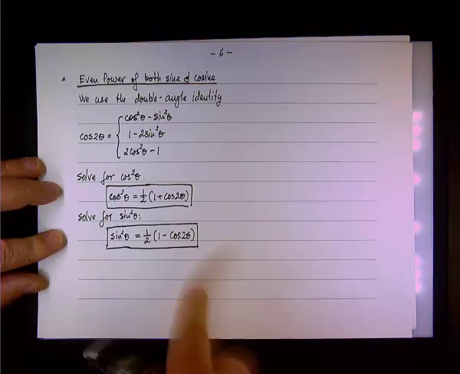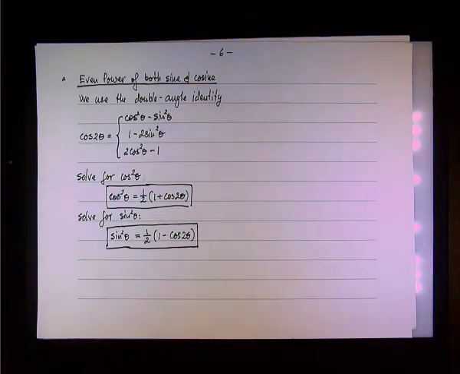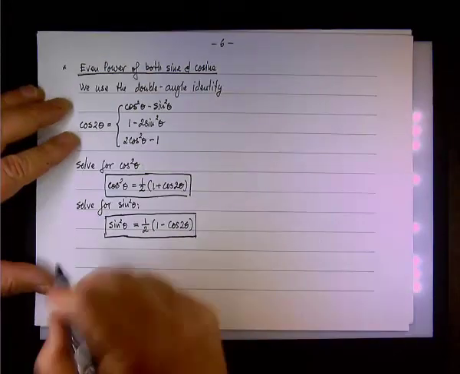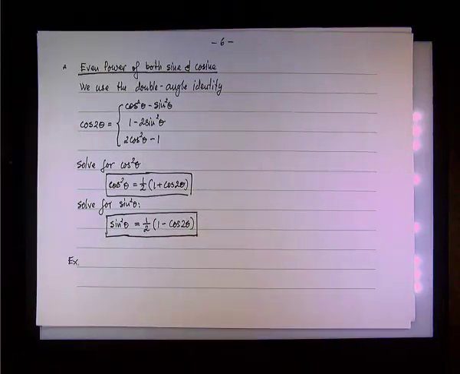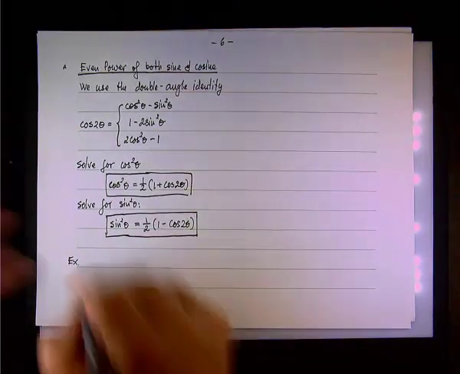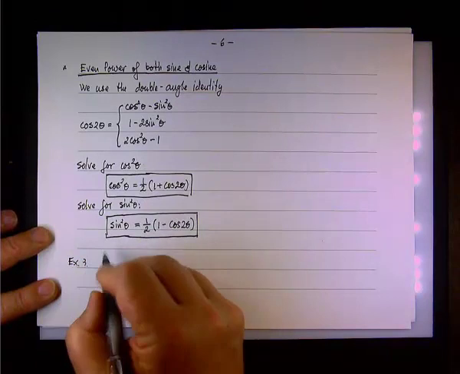What does it tell you? It tells you that you need to work with the differential sine theta d theta, because you're going to solve for the cosine. Let's see if I have a very quick example. I do. So we'll finish with the next example.